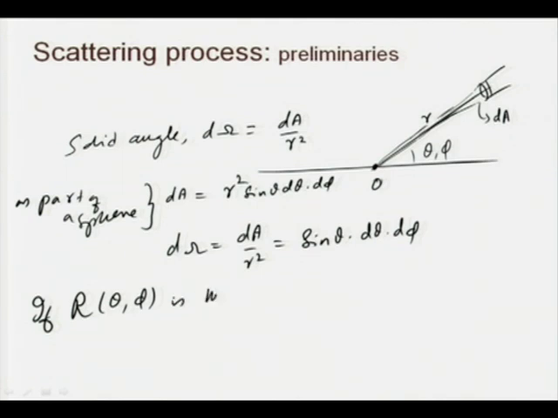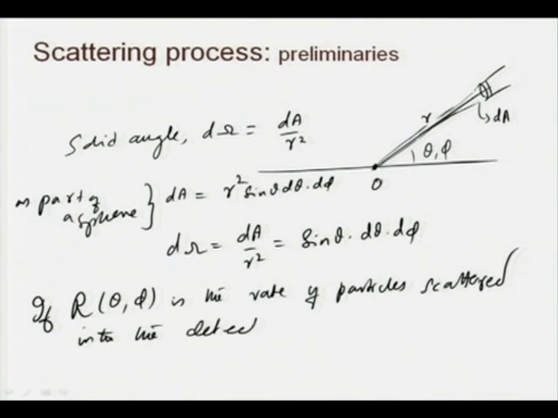Now, therefore, suppose for convenience I consider R(r, theta, phi) as the rate of particles scattered into the detector. So, imagine, let me say that again, we have a beam of these particles sent to the scattering point, and now you keep a detector at r theta phi, and you ask the question how many particles are being detected by this detector in unit time.